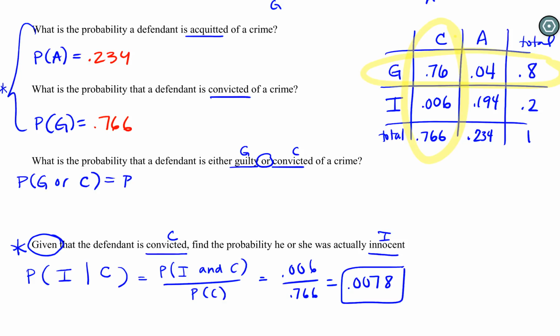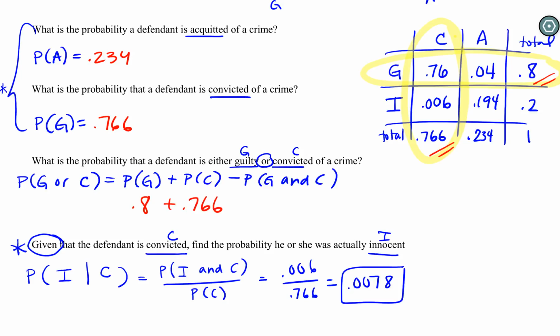If we use the formula, this is the probability of G plus the probability of C, the two by themselves, subtract off the and. And now remember, this happens because we could take all the guilty people, 80%, all the convicted people, 0.766, but we double counted this 76% that were both because we counted them in the guilty and then we counted them in the convicted.